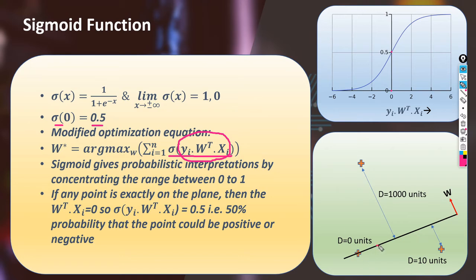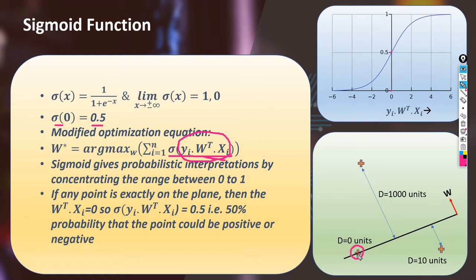So now, this is our hyperplane. This is our optimized hyperplane W. And say we have a point which is exactly on the hyperplane. That means the signed distance, this W transpose xi, for this point is 0, because it is exactly lying on top of the hyperplane.